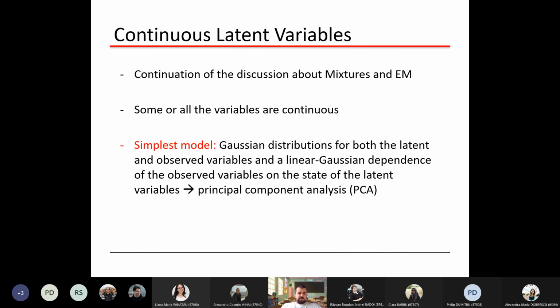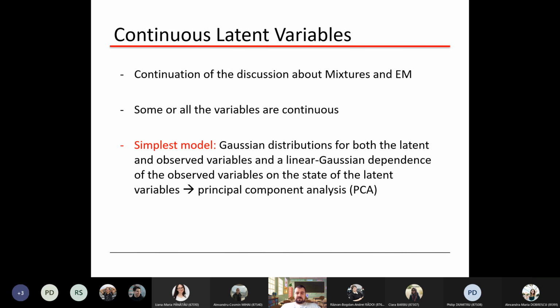And the simplest model that we can imagine is Gaussian distribution for both the latent and the observed variables, and the linear Gaussian dependence of the observed variables on the state of the latent variables.